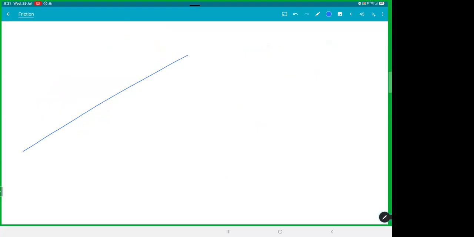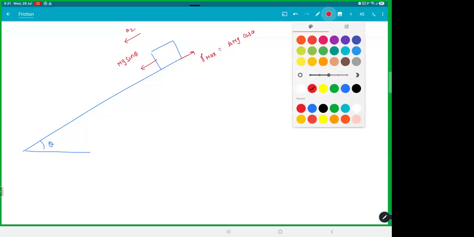Now the problem is, while coming down, your acceleration has changed. Mg sine theta is down, and now your maximum friction is on the other side. So you're going up with a different acceleration, you're coming down with a different acceleration, therefore they won't be equal.